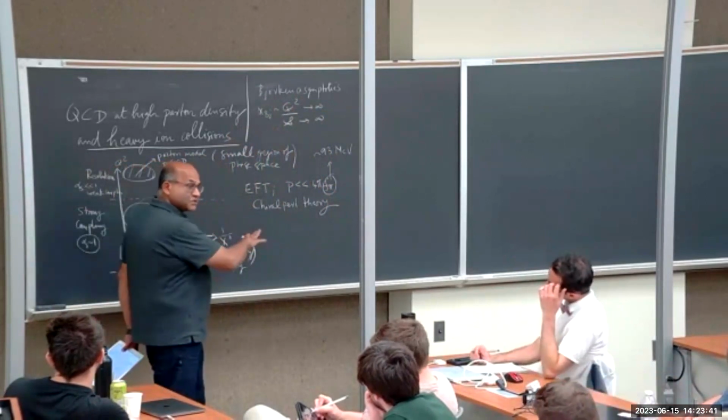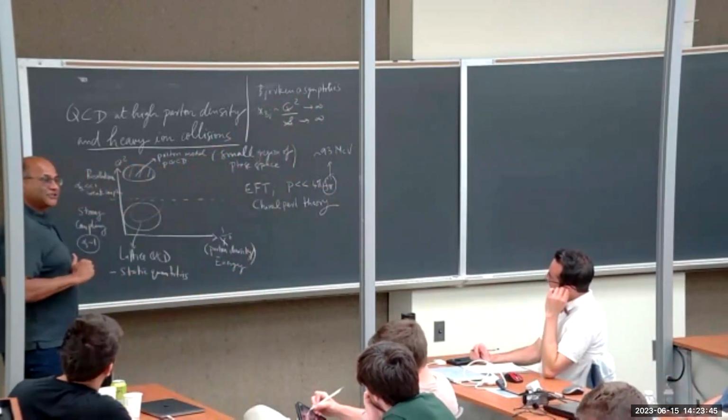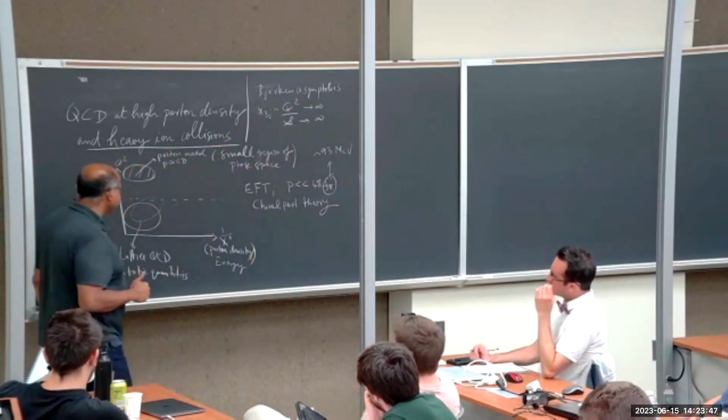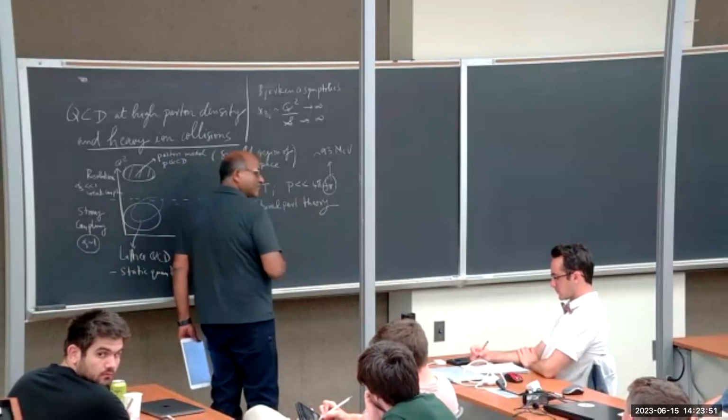And I will get more specific as to what I really mean by large x and small x in the context of what we're talking about. But just to stick with effective field theories, there are other effective field theories.